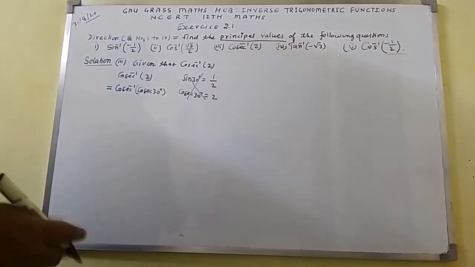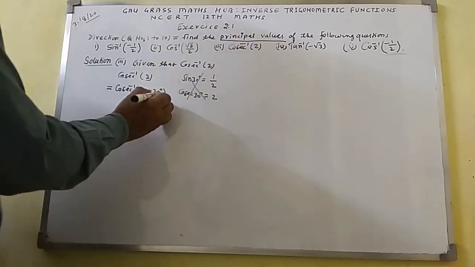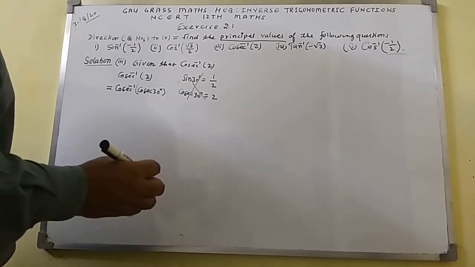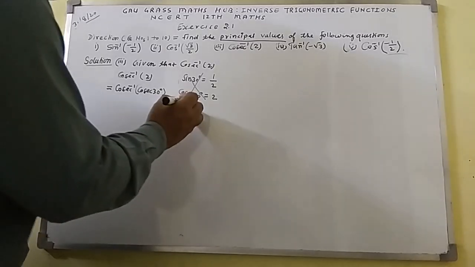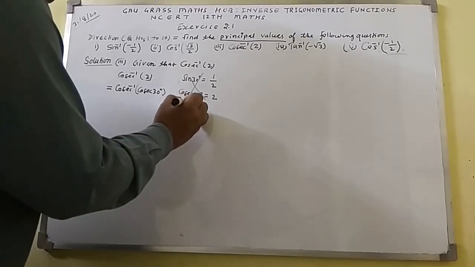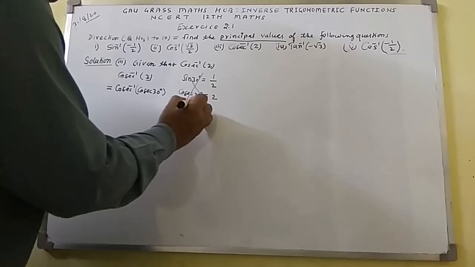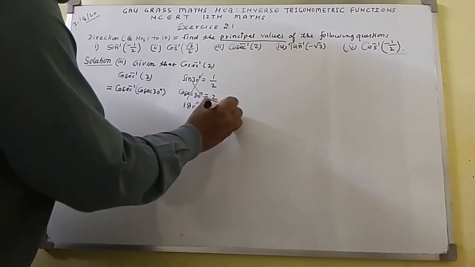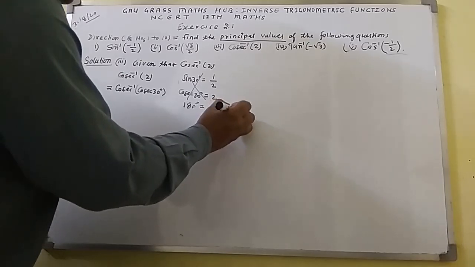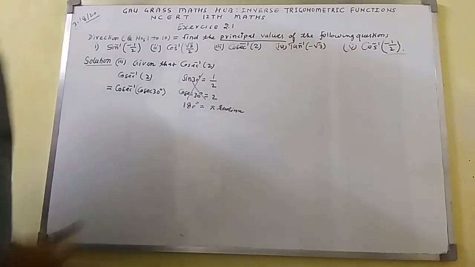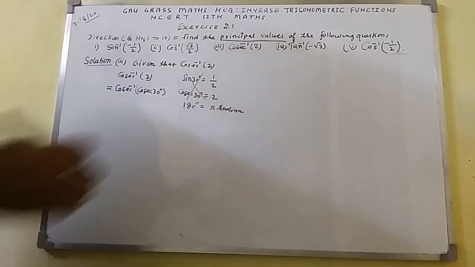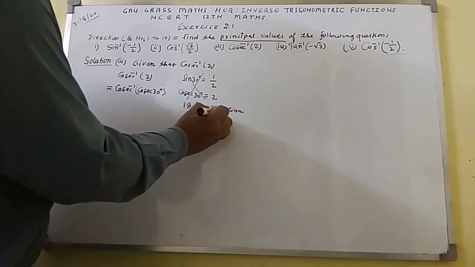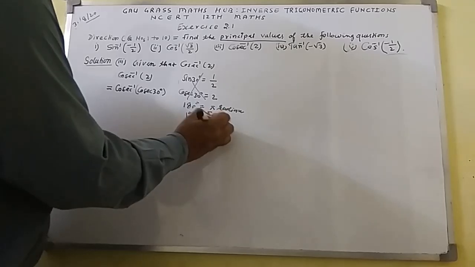Now here you can see cosec 30 degree is there. Now 30 degree will be converted into radian. So here I can write 180 degree equal to pi radian. 1 degree equal to pi over 180 degree.